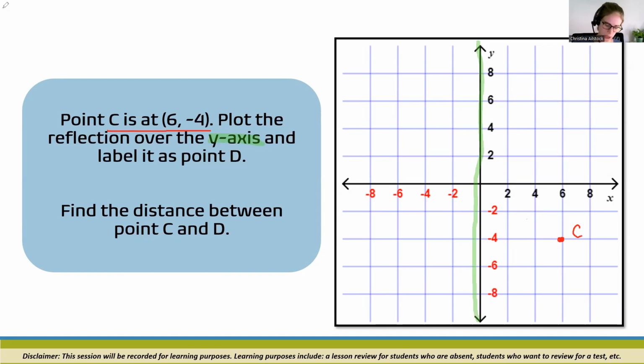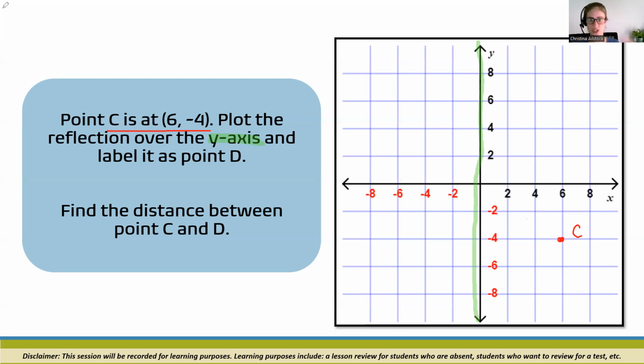So if we had a piece of paper here and I drew a heart on it, and then I fold this paper in half, each side matches. It's like a reflection across that y-axis where it's symmetrical, the same on both sides. So when we reflect something across the y-axis, we're flipping it, we're reflecting it over the y.